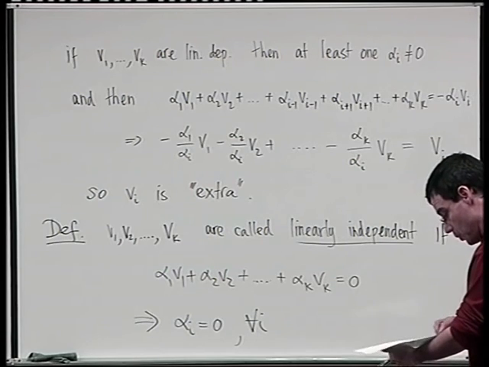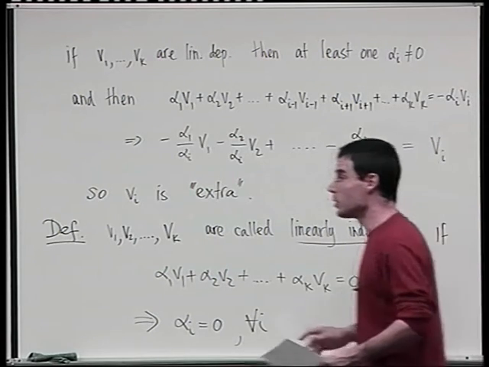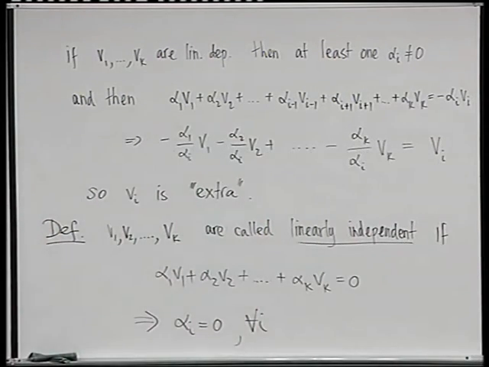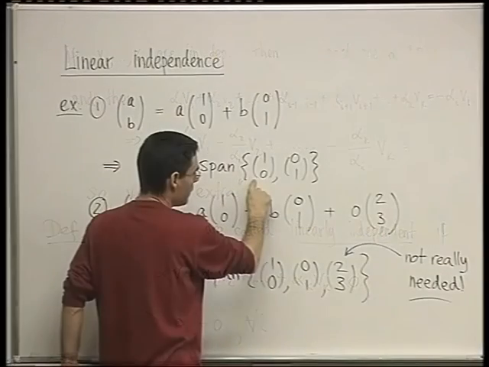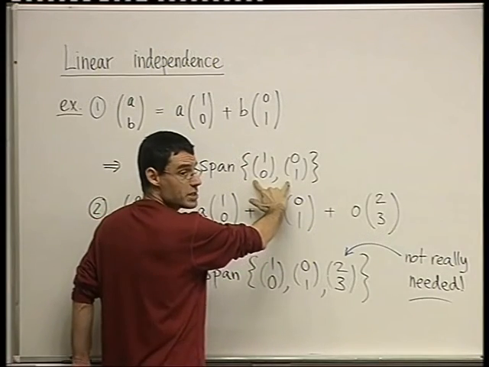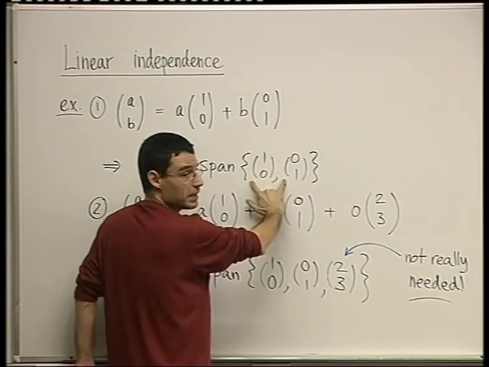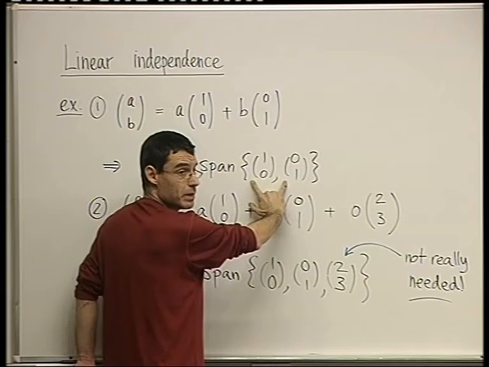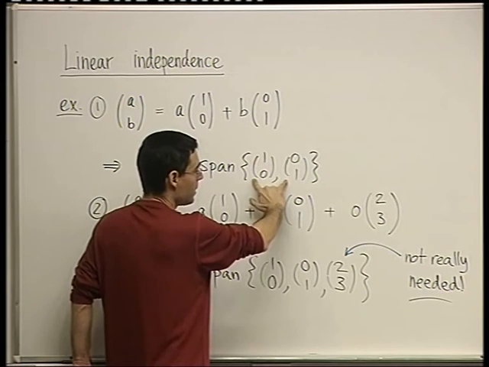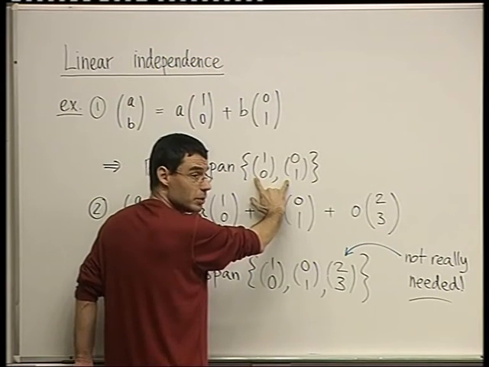Okay. So let me give you one more example. First of all, let's look back at the previous example we had. This was a linearly independent set, right? The only way to write alpha times this one plus beta times this one and get 0 is to take alpha 0 and beta 0. Do you see that? That's the only way to make a linear combination of these two and get 0.